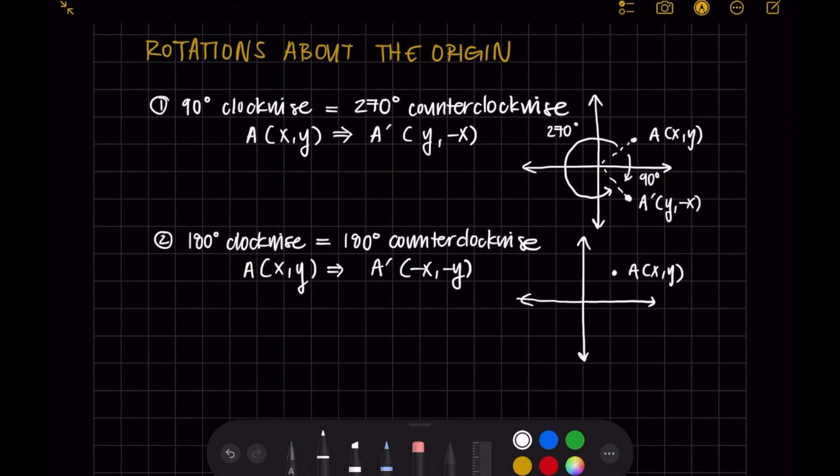Well, 180 degrees, that's a straight line. And so if I want to rotate 180 degrees clockwise, I would end up somewhere right here. This would be A prime. Or I could similarly rotate 180 degrees counterclockwise and still get the same A prime.